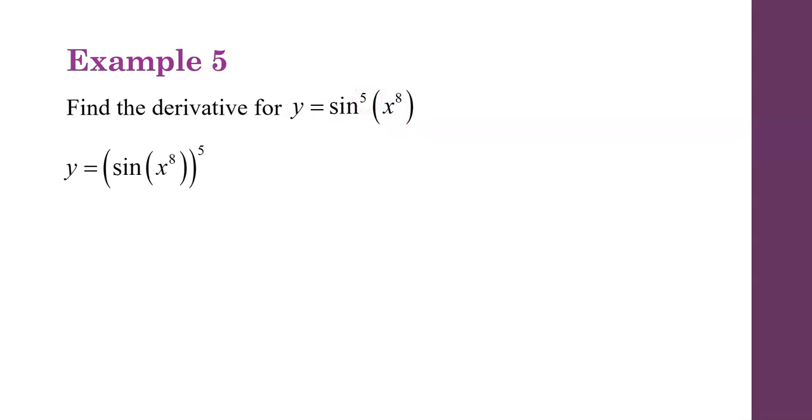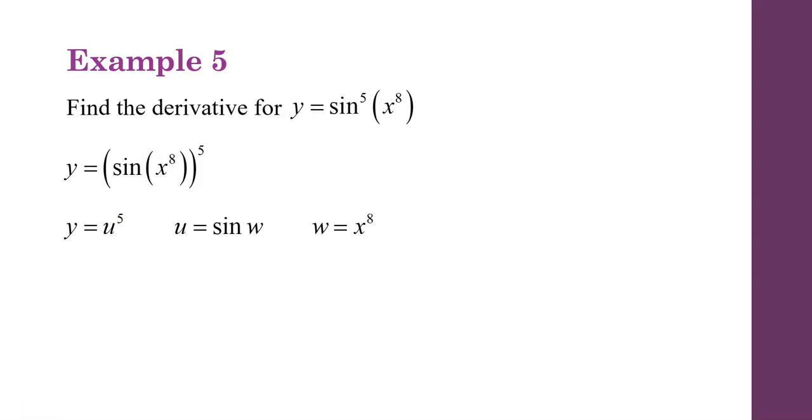So if I rewrite this in that order, I have x to the 8th inside of a sine, and then that's inside of the power of 5. So this will give me the chain of y being u to the 5th, u being sine of w, if I make up a function, and w being x to the 8th.